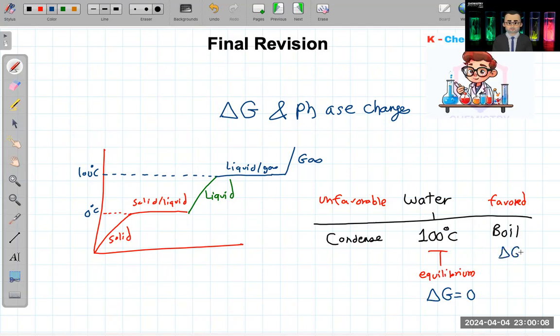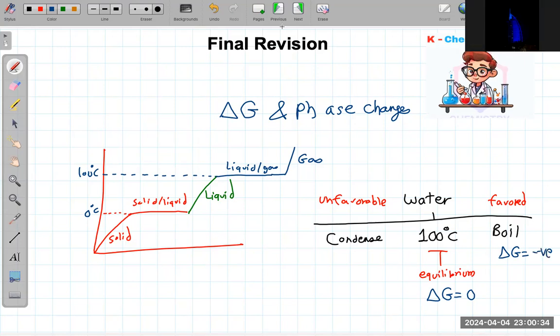What is delta G, negative or positive? I'm boiling water and the temperature is more than 100. Positive? But positive means favored or unfavored? Unfavored. But we said that anything more than 100 will automatically boil. So delta G is equal to negative.